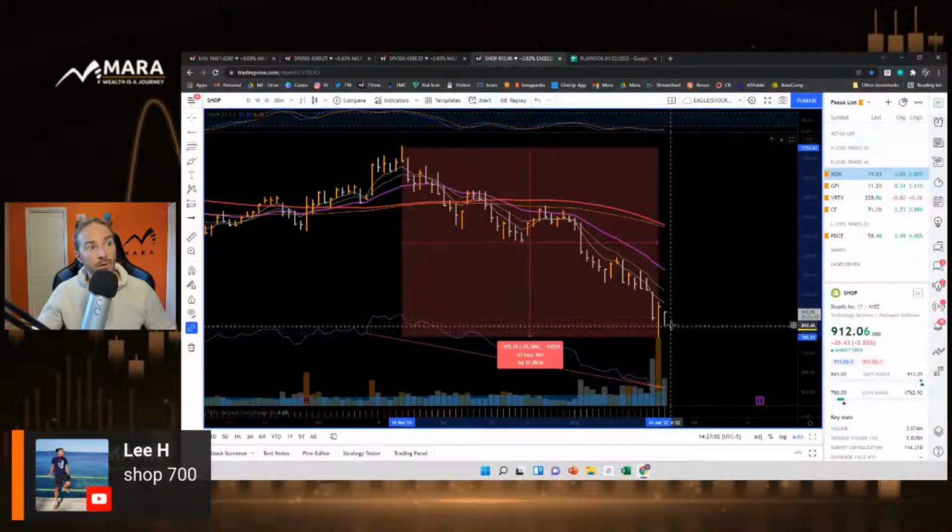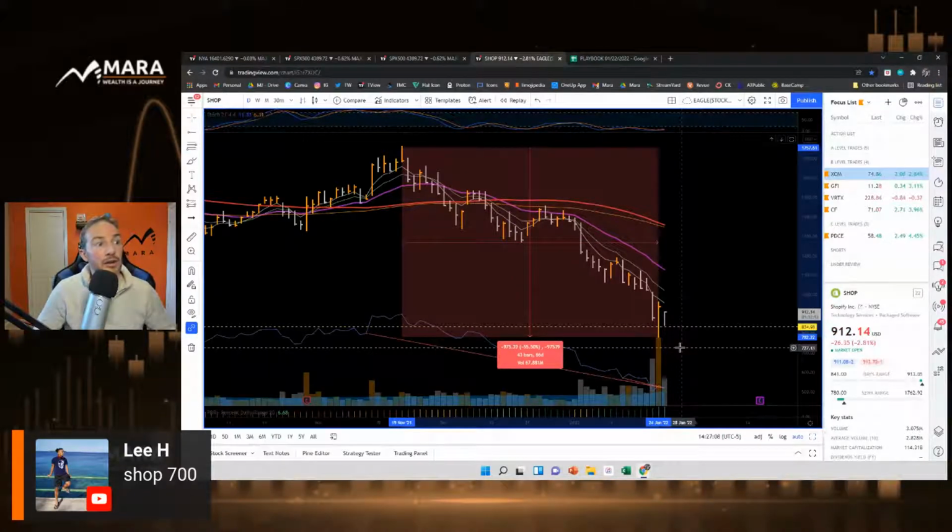I think over here, it's so far extended to the downside that you could get a short squeeze. But then again, this is the kind of environment where shorts can work.